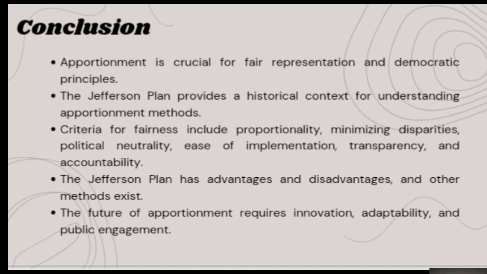Fairness in apportionment can be assessed through criteria like proportionality, minimizing disparities, political neutrality, ease of implementation, transparency, and accountability or responsibility. The Jefferson Plan has its strengths and weaknesses, which is why exploring other approaches is also essential; we need to explore other approaches.